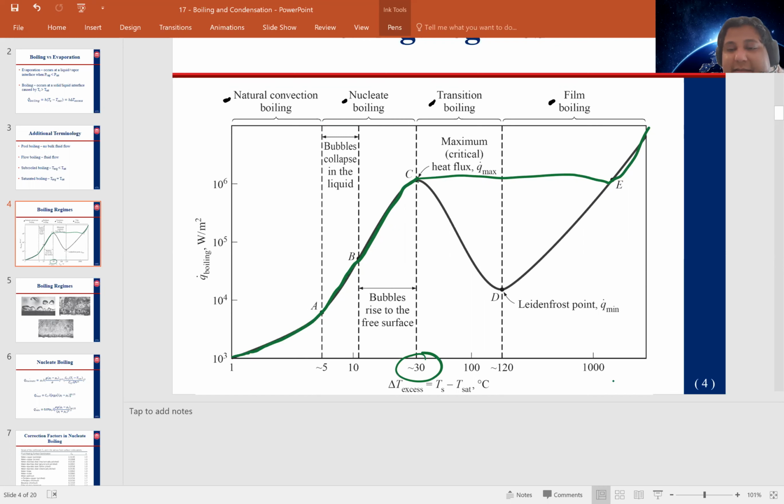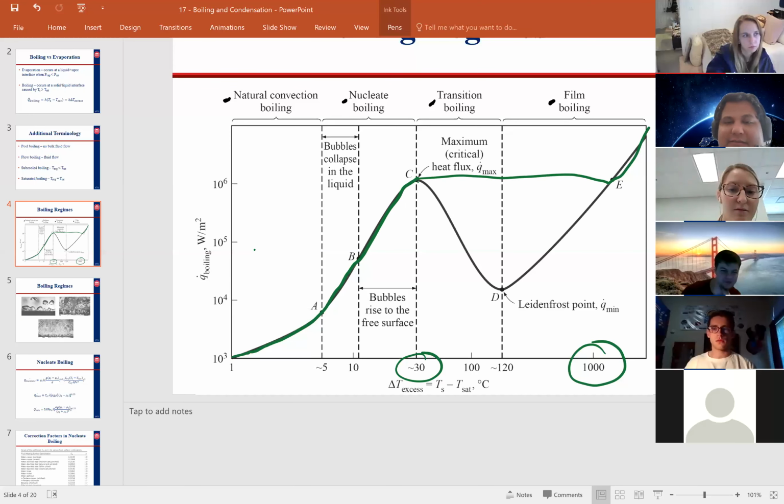What do we see for the delta T excess in film boiling at point E? 1,000.